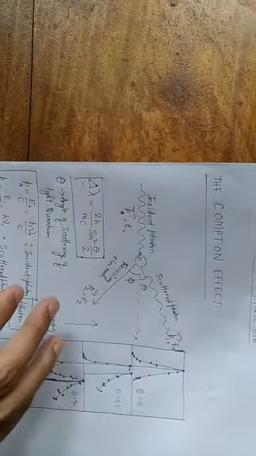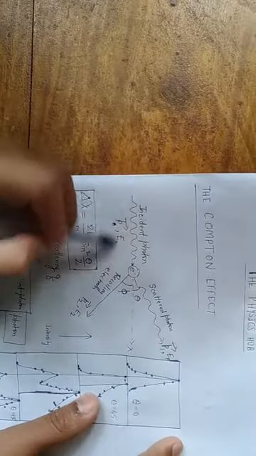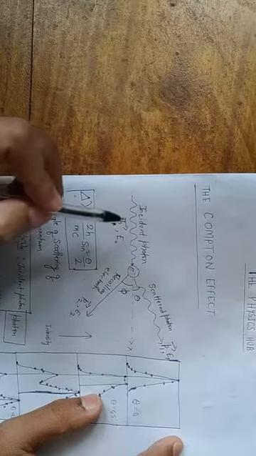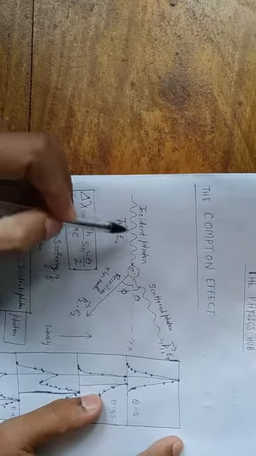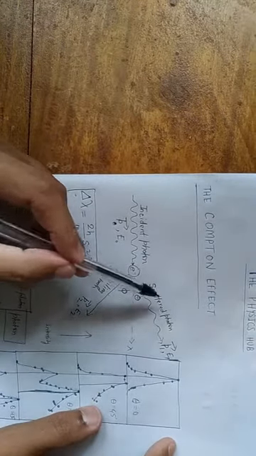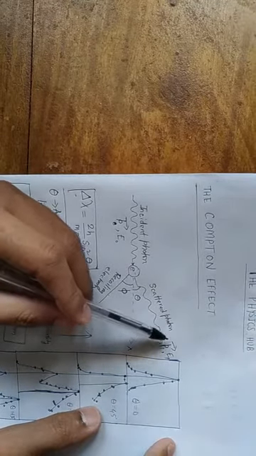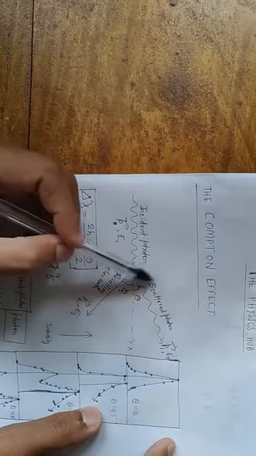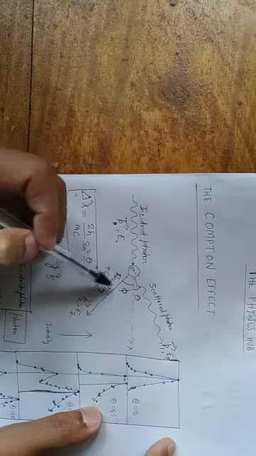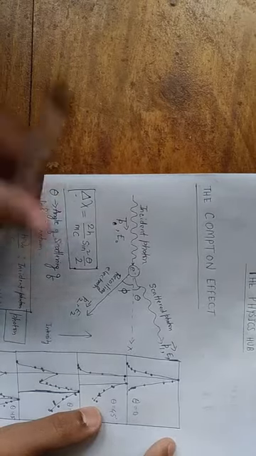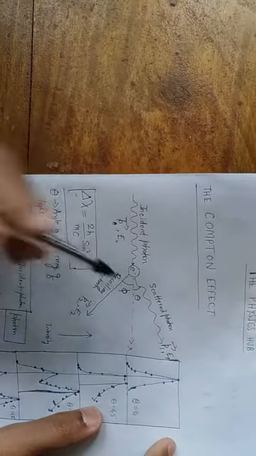And similarly, resolving the y components, the incident photon has no y component, so its y component of momentum is 0, whereas the scattered photon and recoiling electron have y components: p1 sine theta, and for the recoiling electron, its direction is downward, so you will have minus p2 sine phi.